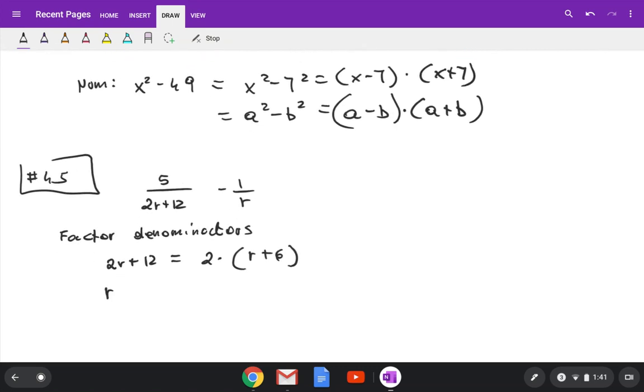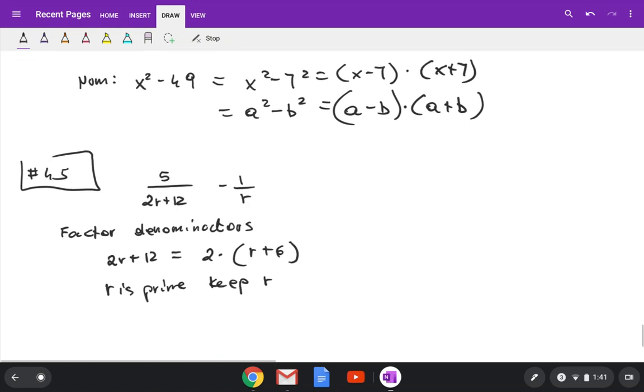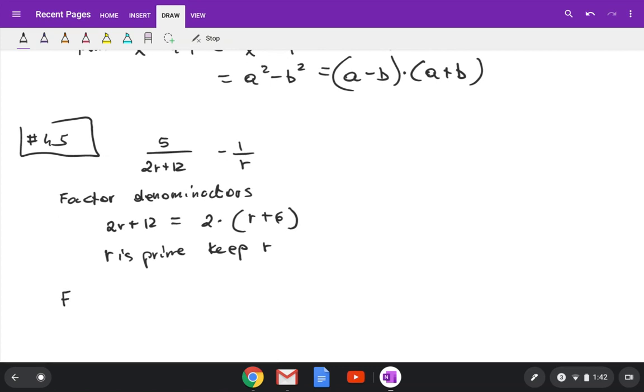R is prime, so r is r. So keep r. So now what you need to do, find the least common denominator of 2 times r plus 6 and r.